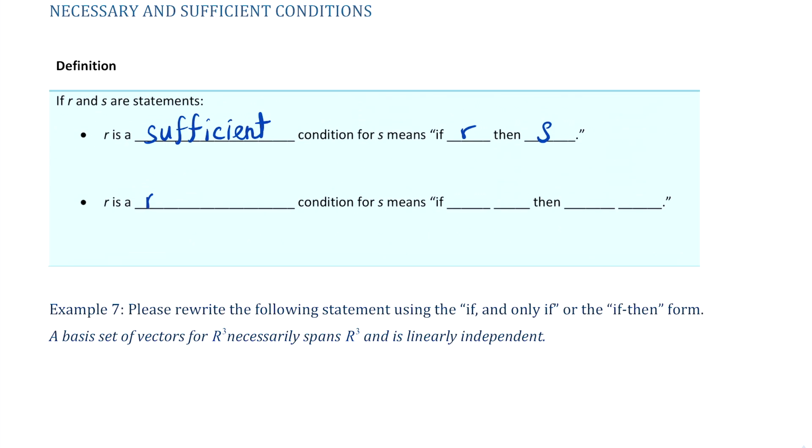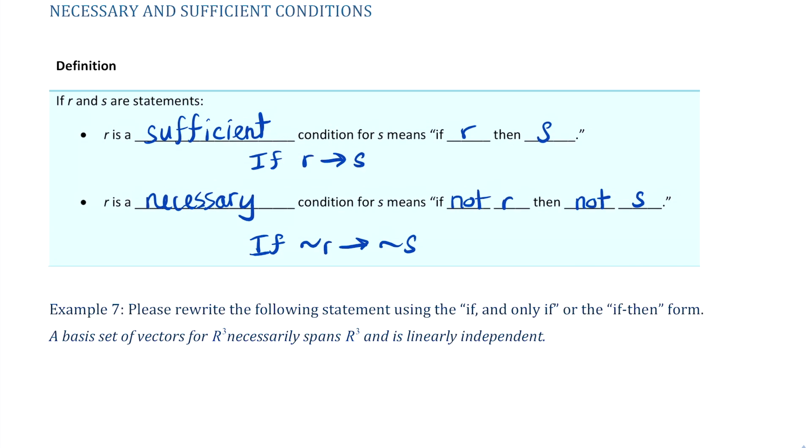R is a necessary condition for S means if not R, then not S. So sufficient would be if R, then S. Necessary means if not R, then not S. Okay?